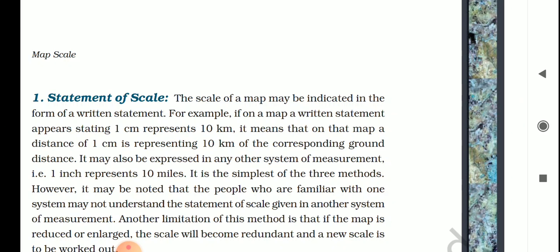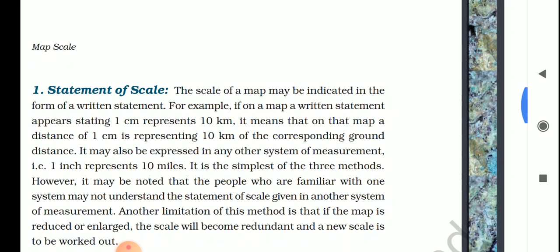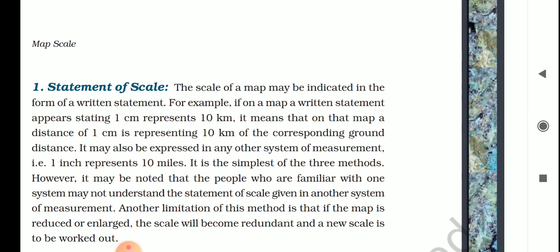This means that 1 centimeter on the map corresponds to 1 kilometer on the ground. So a statement of a scale is simple to express in words, but it is difficult for those who are not familiar with the units of measurement used. So sometimes we can see there are some demerits also in a statement of a scale.